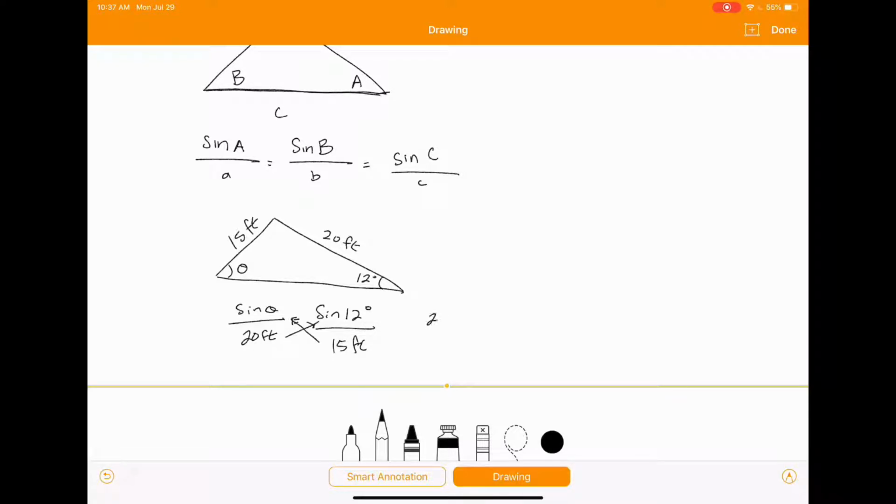So you'll end up with 20 sine 12 is equal to 15 sine theta. So then you can get theta equals the sine inverse of 20 sine 12 all over 15. Plug that into your calculator, and you'll get that theta equals 16.1 degrees.